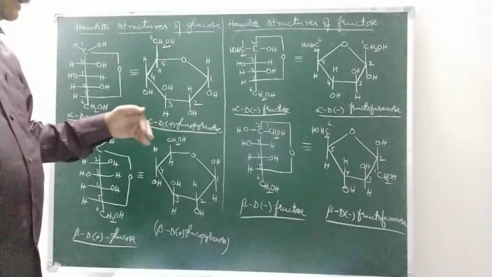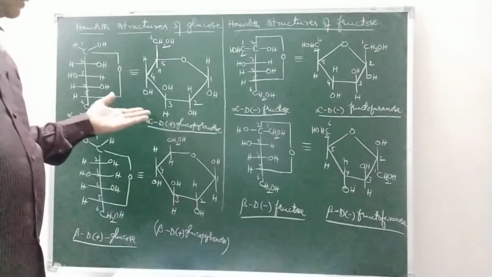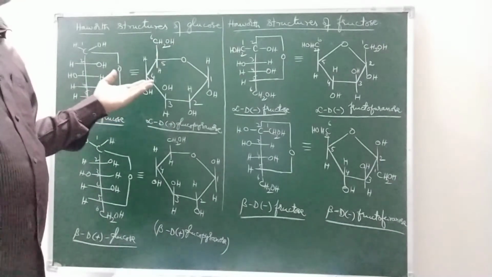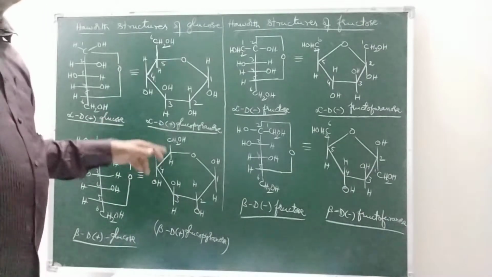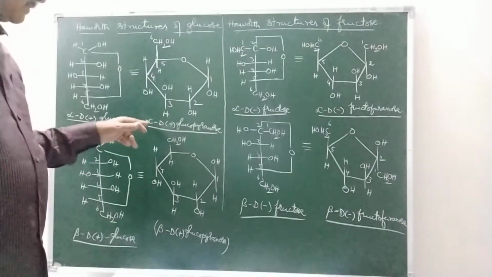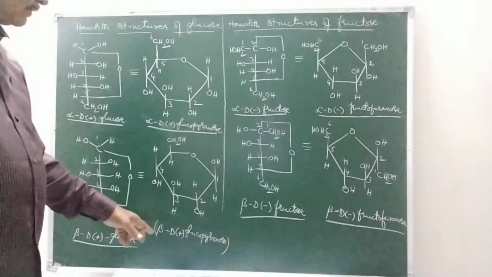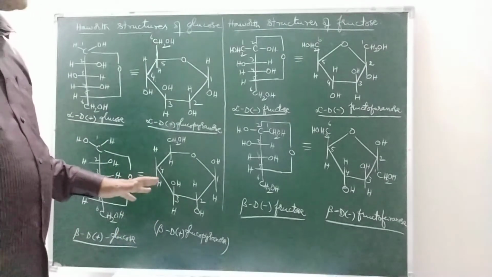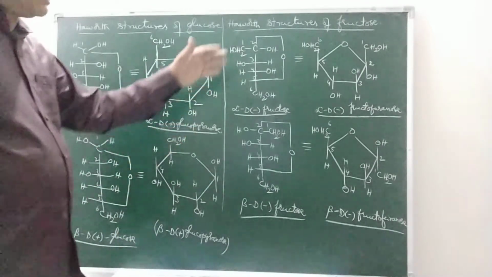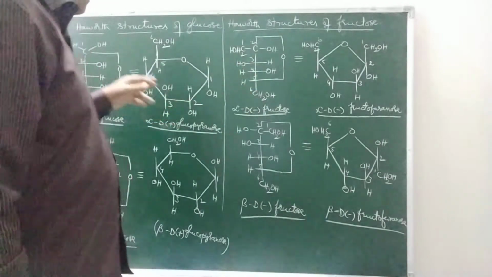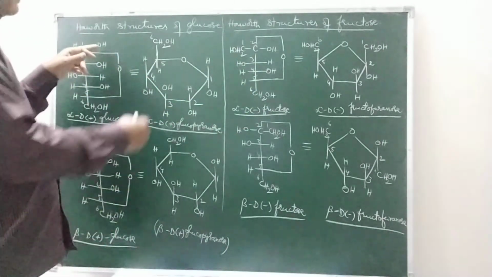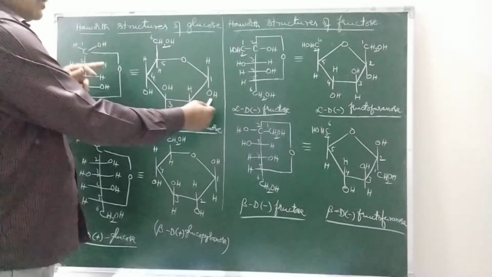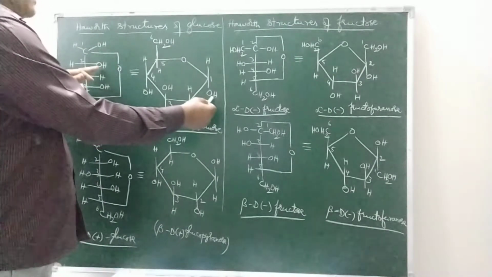You please make the correction. You need not change the entire thing. The names may be changed. Instead of alpha you put beta, and instead of beta you put alpha. That's okay. Okay, it's over. Similarly in fructose also. Here the OH group on the first carbon is at the right hand side, so it was kept at the bottom.